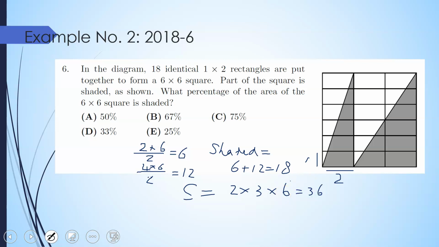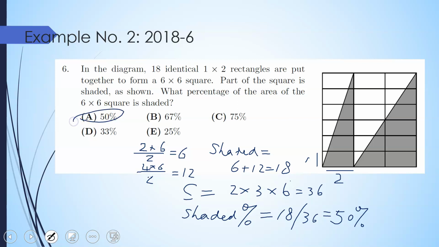So the percentage shaded will be 18 divided by 36 equals 50%. Wow, that's lots of calculations in order to get the answer A, 50%. So my question is, do we have any easier way of doing this?